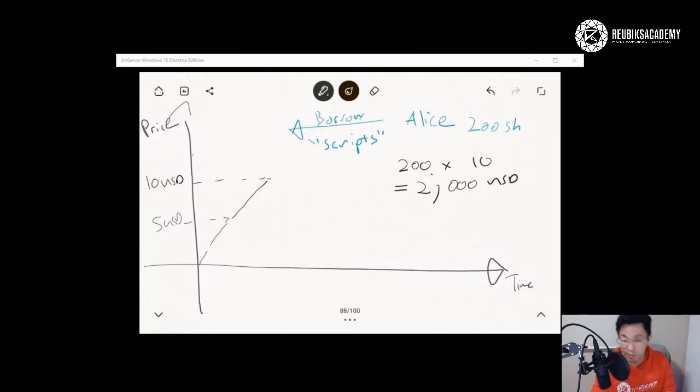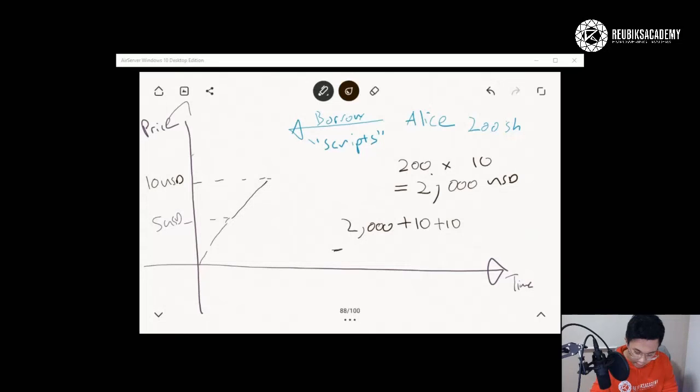And what is her total loss? She would have made a loss. Her total loss is 2,000 plus 10 because of the administrative fee. Remember, whether the market goes in your favor or against your favor, you have to pay these fees. Plus another 10 because she held a position overnight.